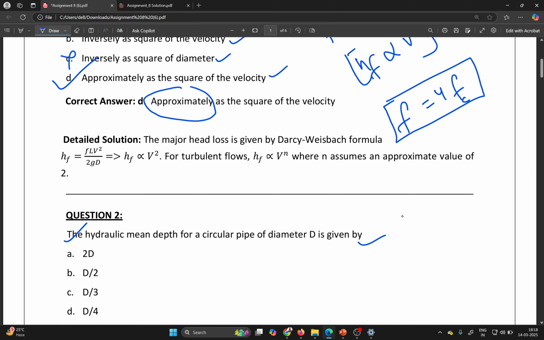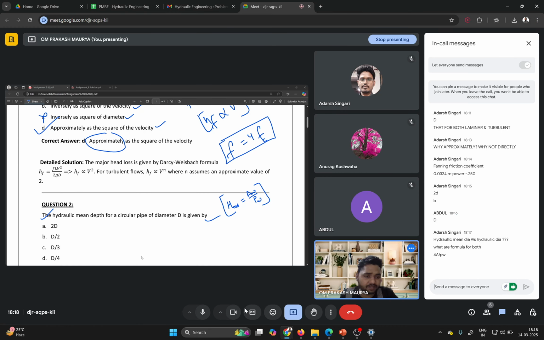The other student is asking about the hydraulic diameter, the hydraulic mean diameter, the A by P, weighted area by weighted perimeter. Hydraulic depth, or hydraulic mean depth, hydraulic diameter, I think you are asking. Let me just see your question. Yes, hydraulic diameter, but here the question is asking about hydraulic mean diameter and hydraulic diameter.